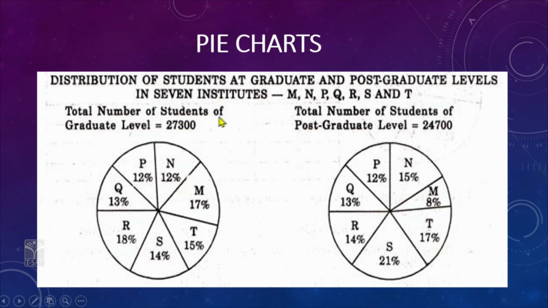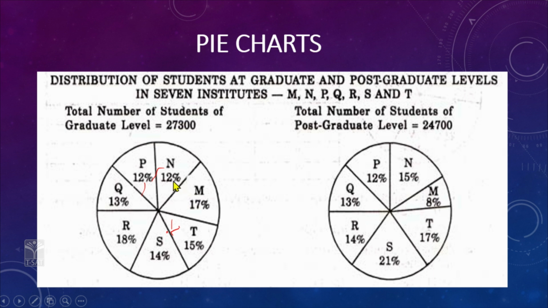The total number of graduate students is 27,300 and the total number of postgraduate students is 24,700. Now, when you consider this, this is called a sector angle. So, this is a sector, this is a sector.